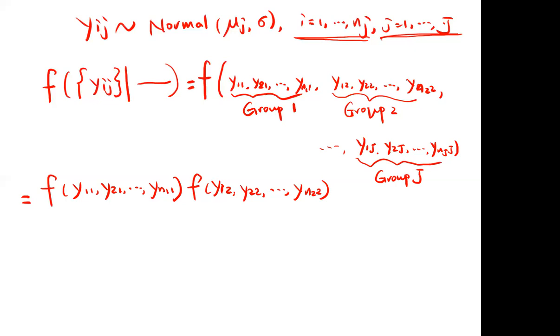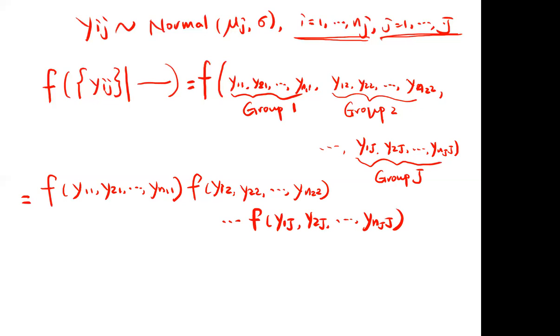So I can write y1j, y2j, until y_{nj}j. From the joint, I can see that I can factorize them because they're independent.